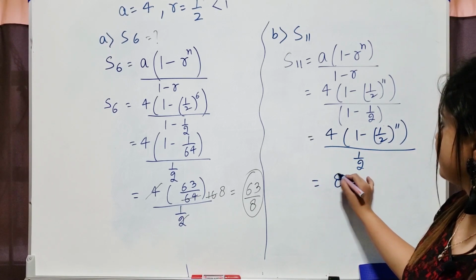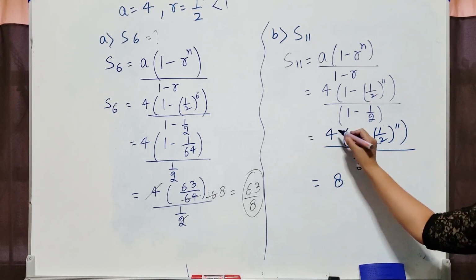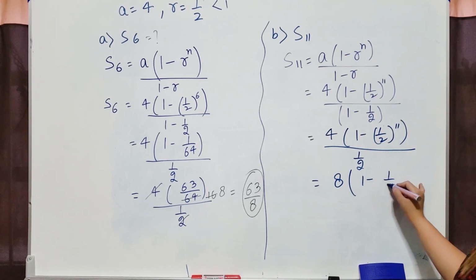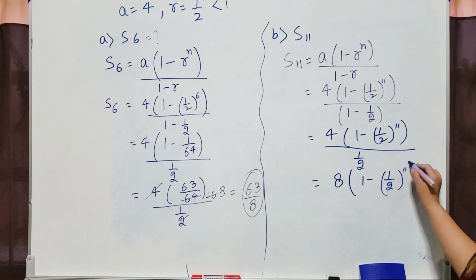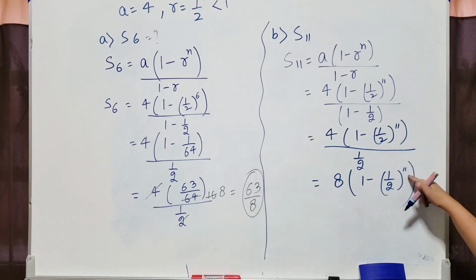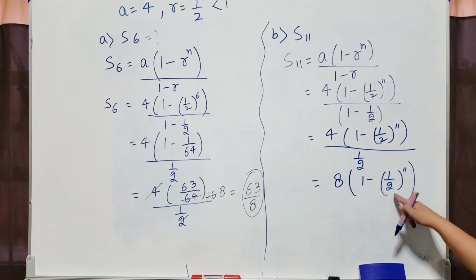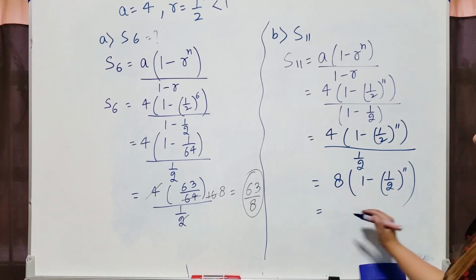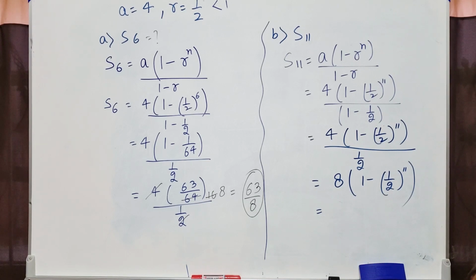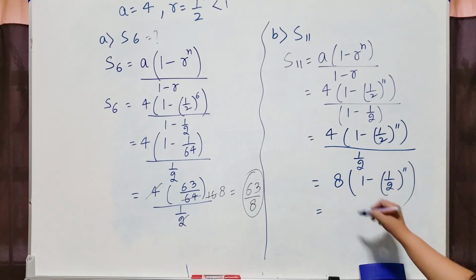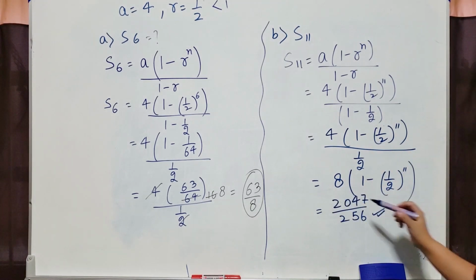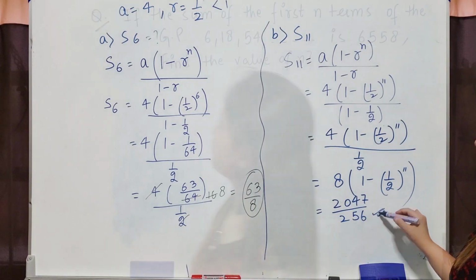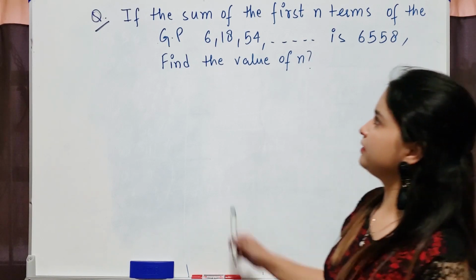Or this is 8: 1 over 2 you can take on the top, it will become 8, 1 minus 1 over 2 raised to power 11. Now, simplify this, find 1 over 2 raised to power 11, subtract, multiply, and we can get the value of S11. So this value comes out to be 2047 divided by 256.